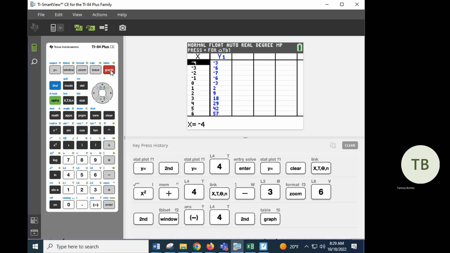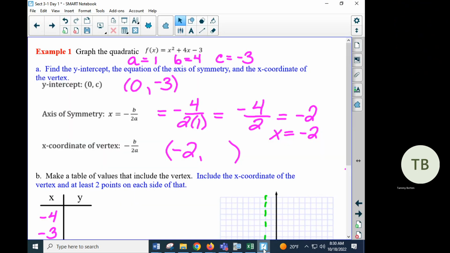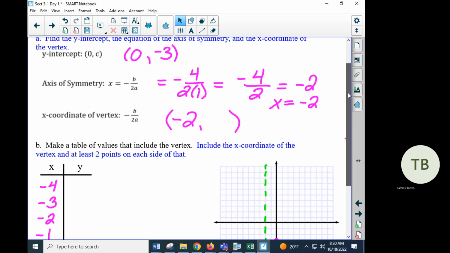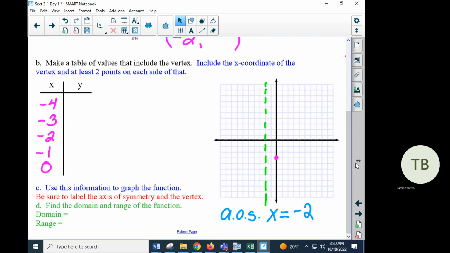This tells me if I go to my table now, these are the values that I want to enter in that table that we have. So where it says -4, I want to put -3 down to, I think we went to 0? So we want to enter these in our table. So when I did this at -4, I got a -3.